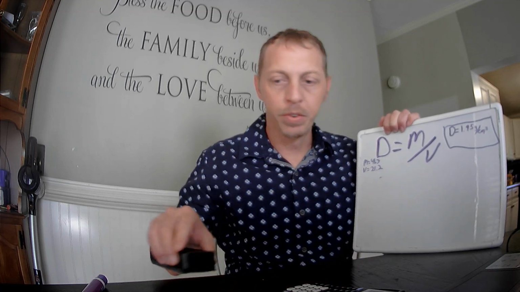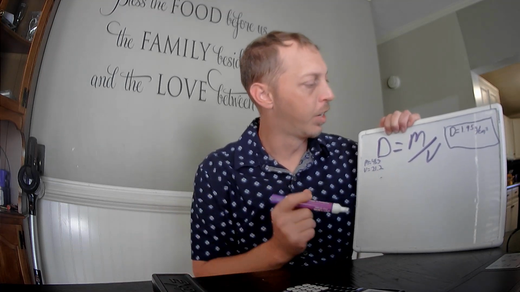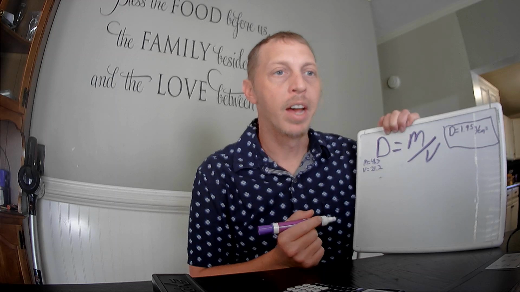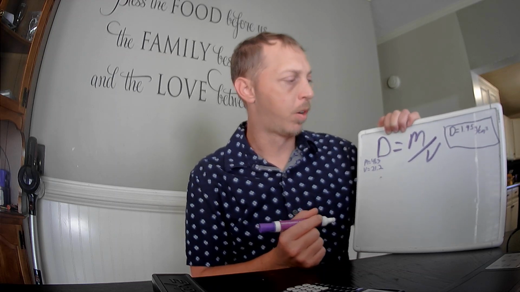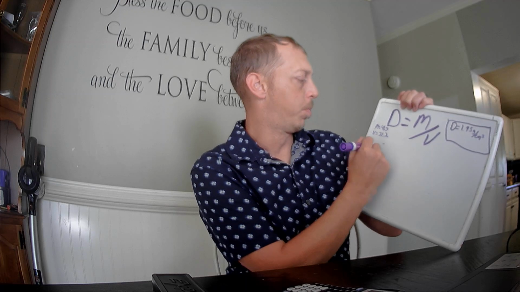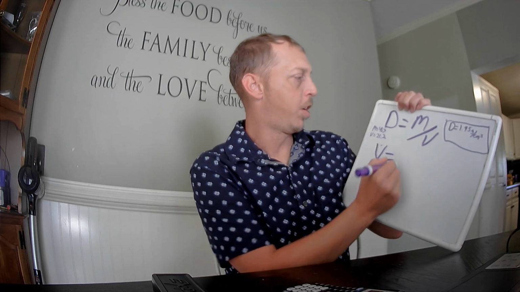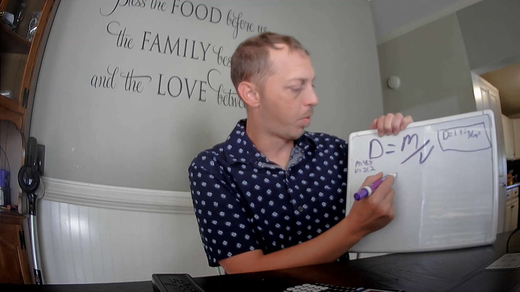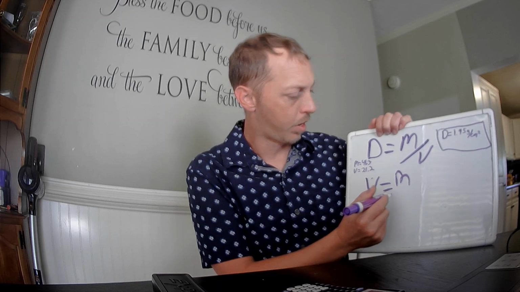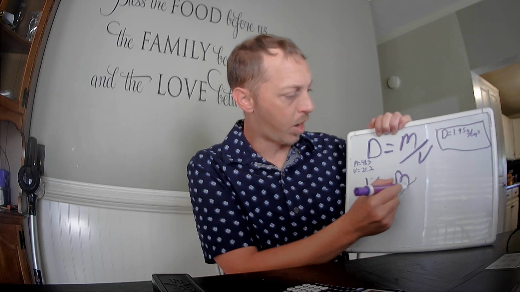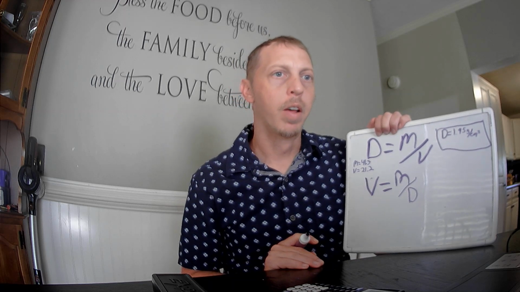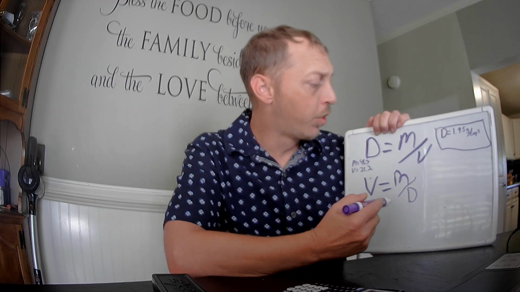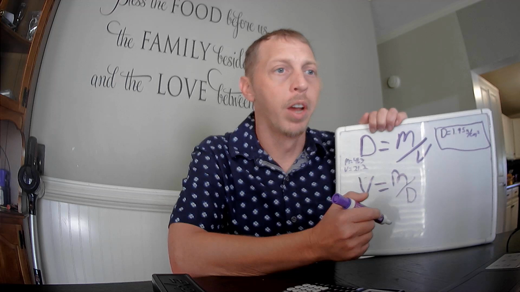Now, what if we're given the density and we're given the mass and we need to find the volume? All right. So volume will equal mass divided by density. All right. Now, these equations, I just want to point something out.